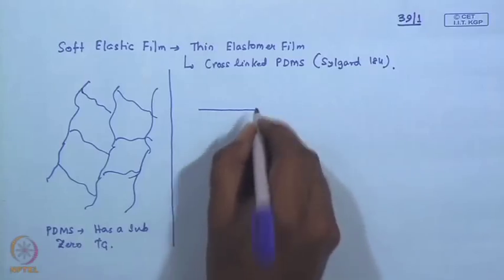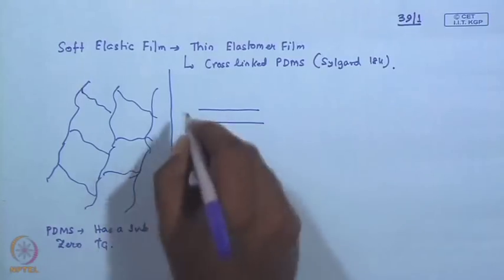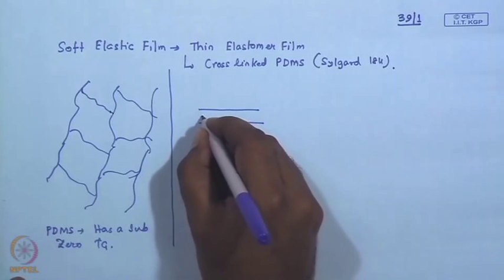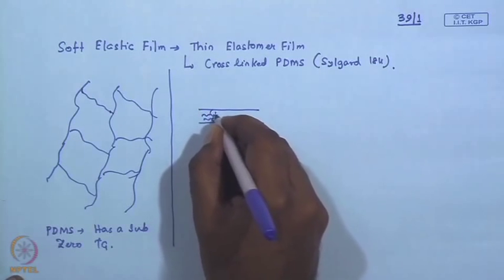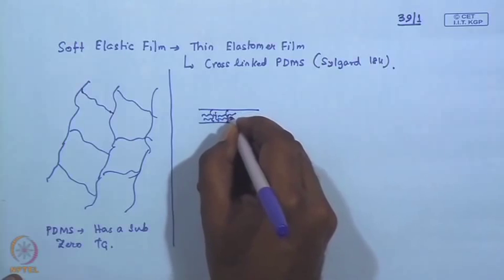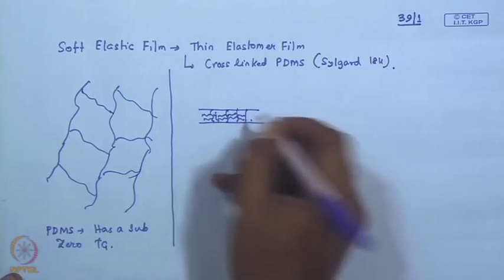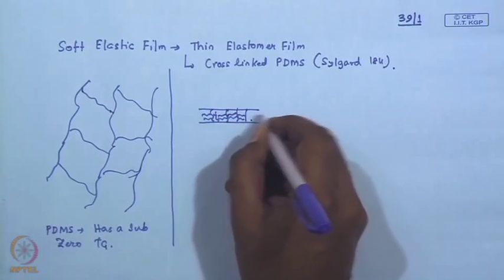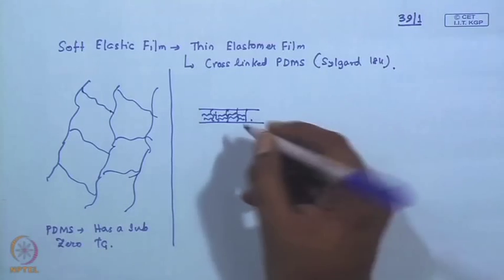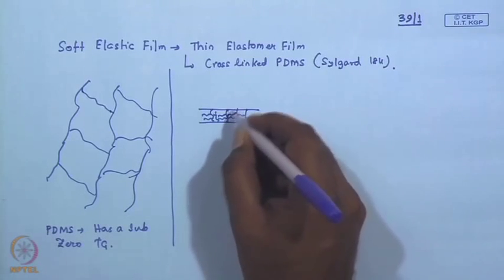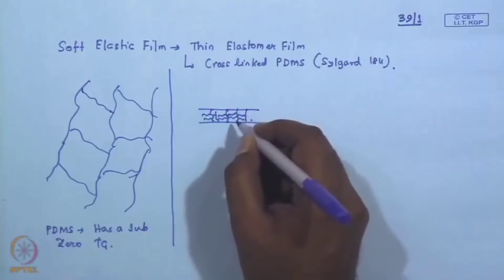The system is very simple. Since these molecules are cross-linked, they are stiffer than a viscous film. Therefore, even if you make a very thin film out of it, and due to interfacial attraction it tries to deform, the physical cross-links oppose this deformation, in addition to the surface tension forces.